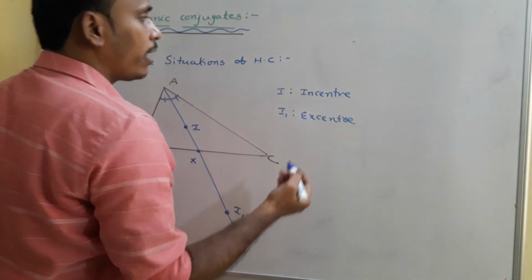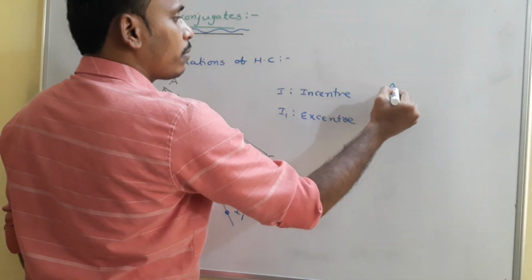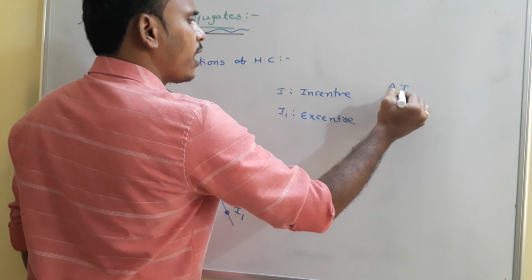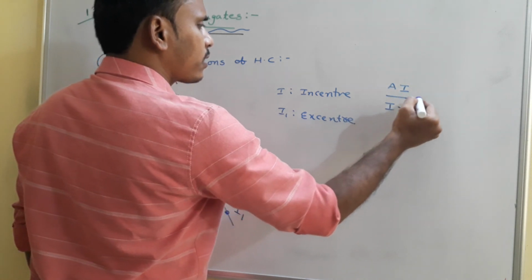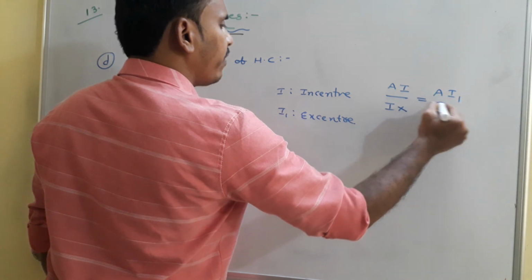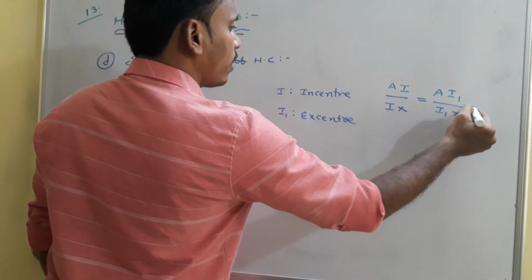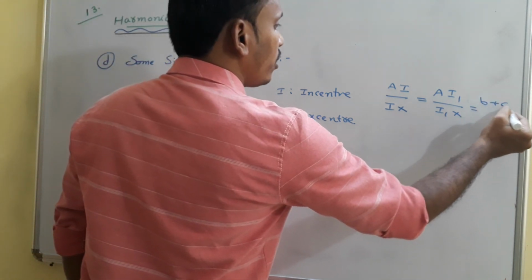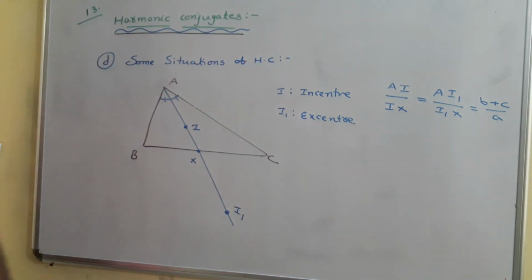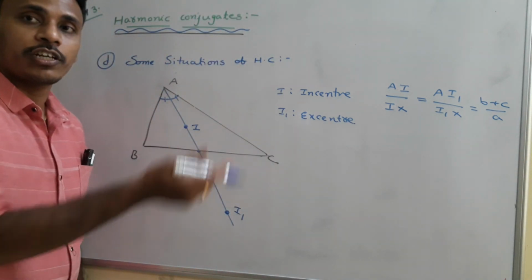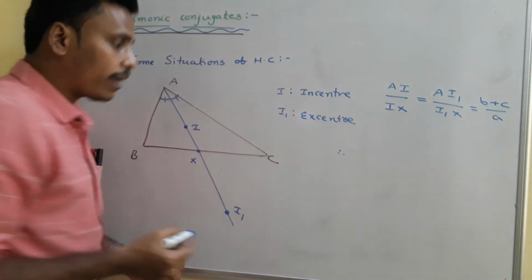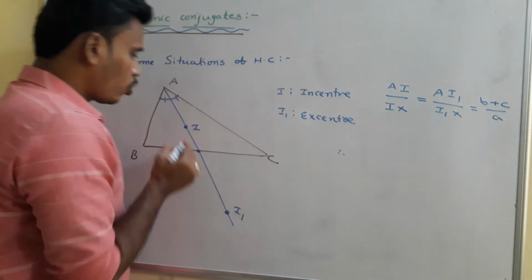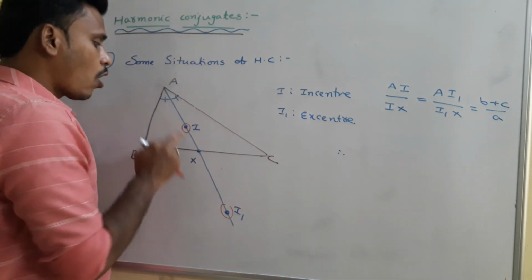Then, by using the angle bisector theorem as well as the properties of geometry, AI divided by IX is equal to AI1 divided by I1X, and that ratio is simply B plus C is to A. I already mentioned it in different situations. So AI by IX equals AI1 by I1X equals (B plus C) by A. This I is interior and I1 is exterior to AX.